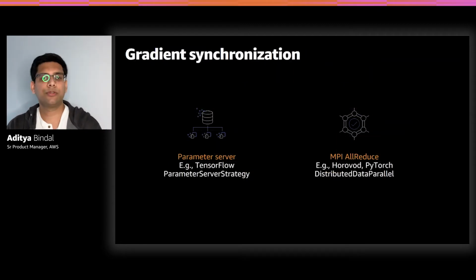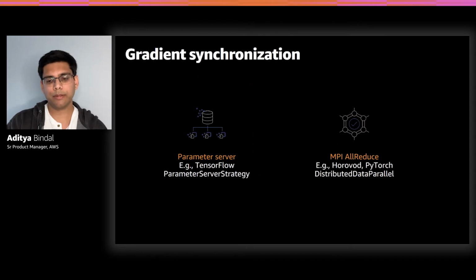But if each GPU is training my model on a different subset of the data, how do we reconcile and get one single model after each iteration or each step? So we need a way to synchronize gradients across machines. And there are really 2 approaches here. One is the parameter server, and parameter servers were the dominant way of synchronizing gradients.